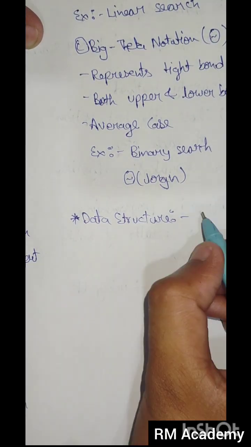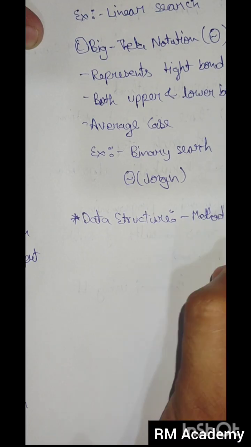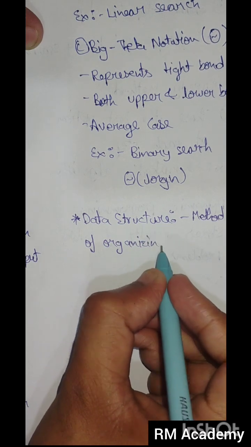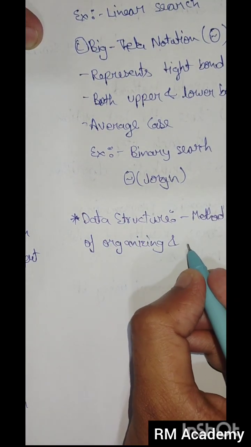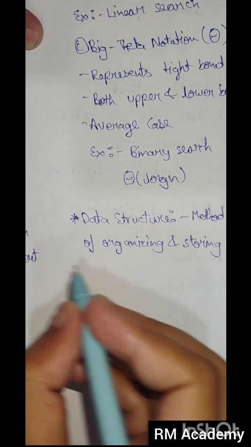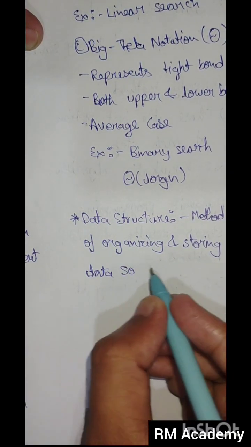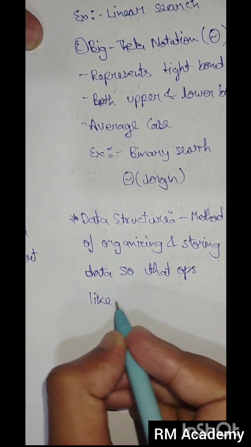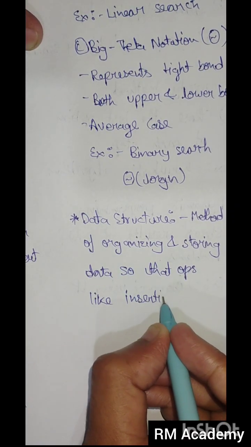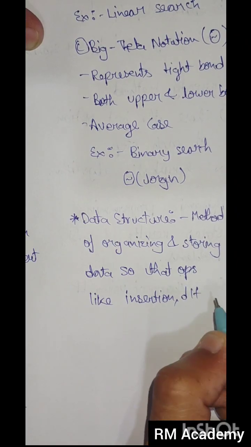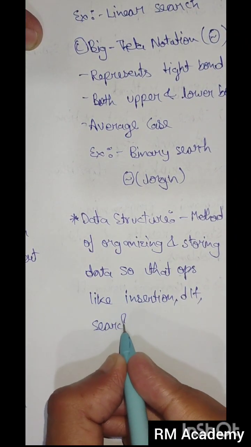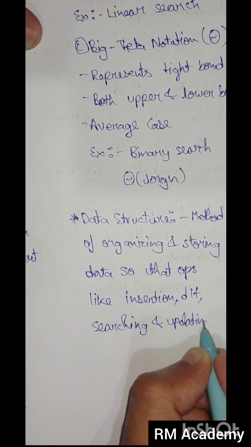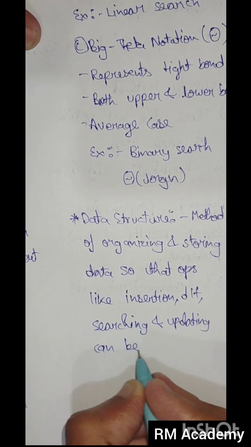Data structure is nothing but a method of organizing and storing data so that operations like insertion, deletion, searching, and updating can be done efficiently.